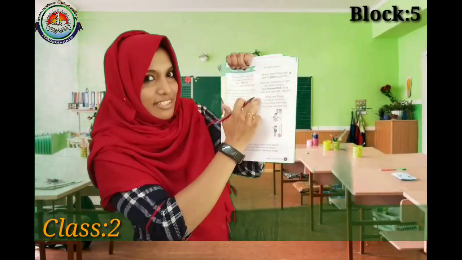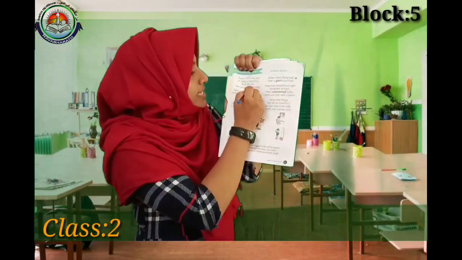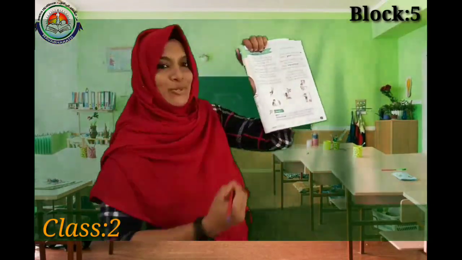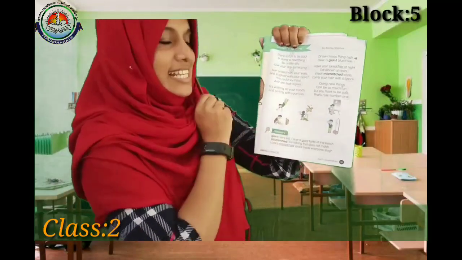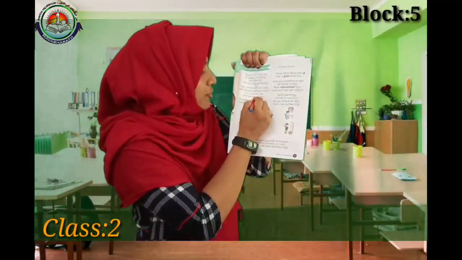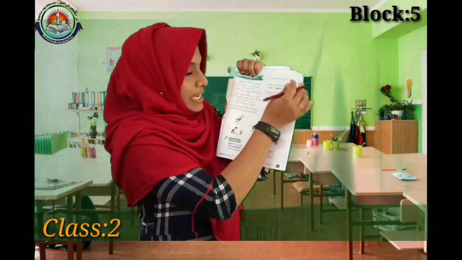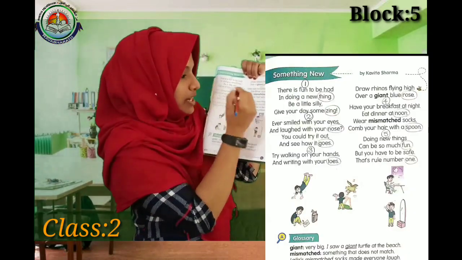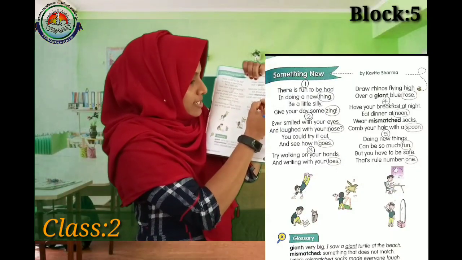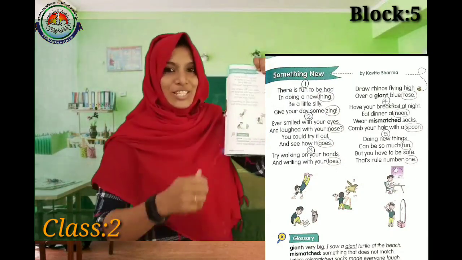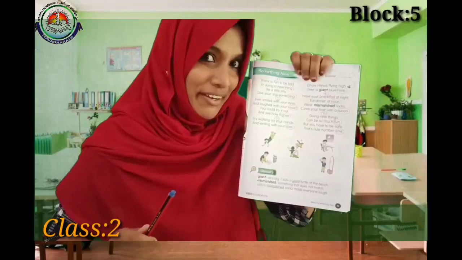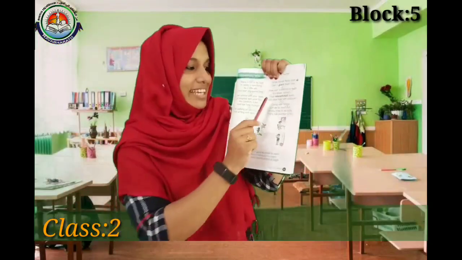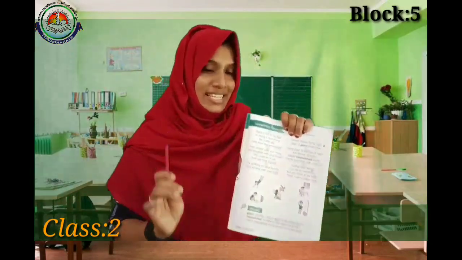And this is another four lines, so let's put number 2 there. This is the second stanza, then 3. Likewise, you can do it, okay? Then this is 4. Then this is 5. So how many stanzas are here? Here there are 5 stanzas.